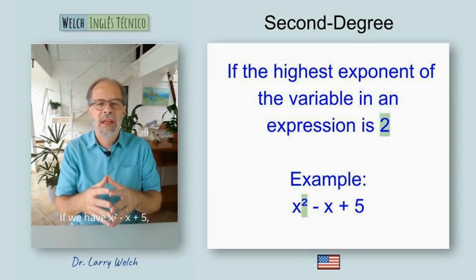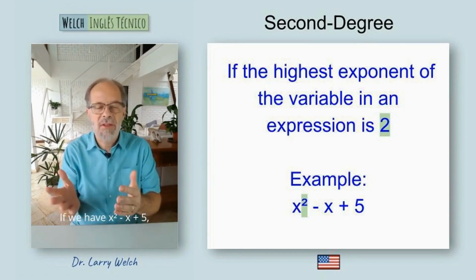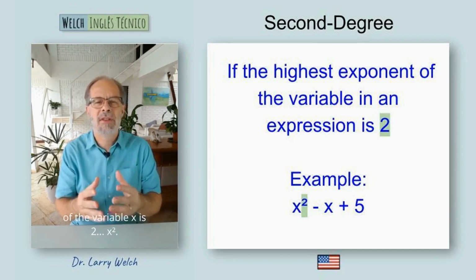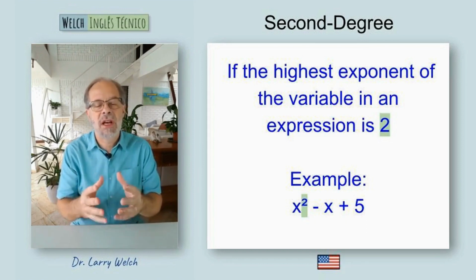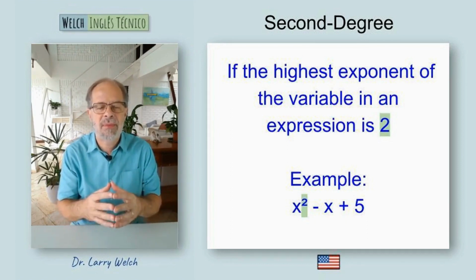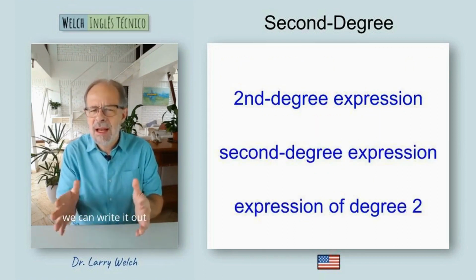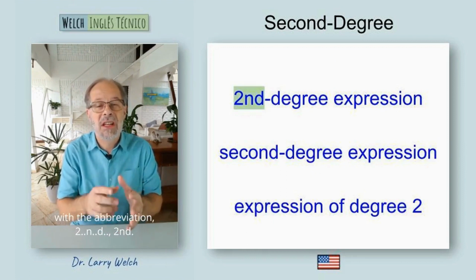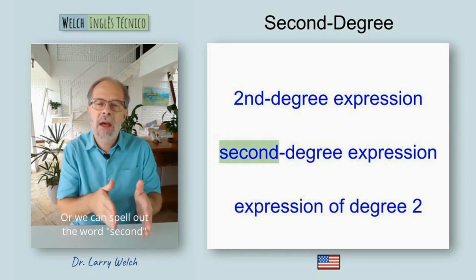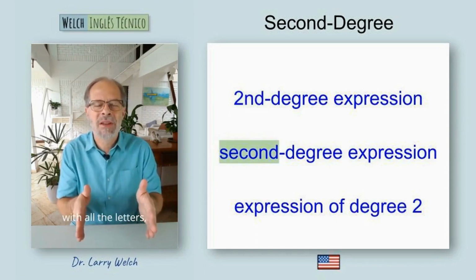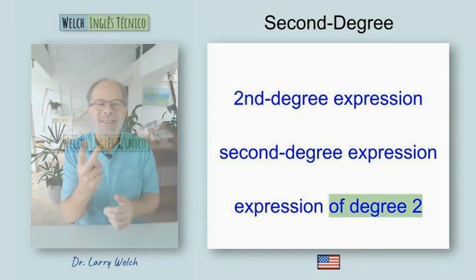For example, if we have x² minus x plus 5, then the highest exponent of the variable x is 2. So this is an expression of second degree. Now when we say second degree, we can write it out with the abbreviation 2nd, or we can spell out the word second with all the letters, or we can say it is an expression of degree 2.